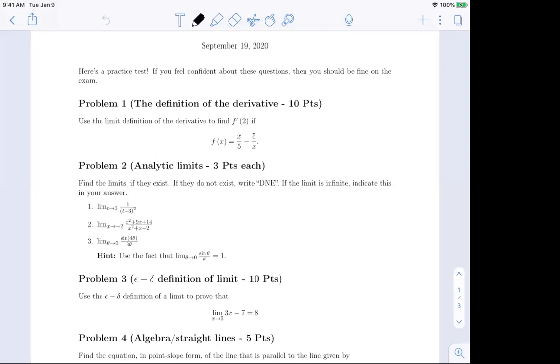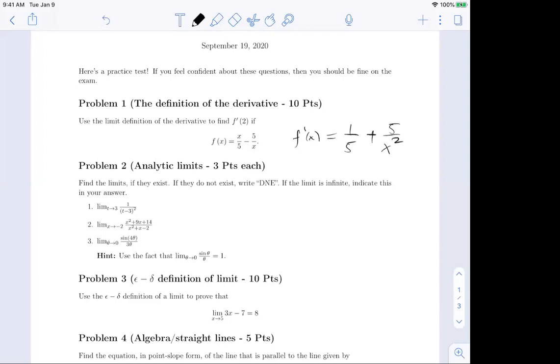It is perfectly fine to use the power rule to check your answer, to make sure when you do take the limit, you get what you should. That would be fine with me. But if you just write down that f prime of x is 1/5 minus, or really plus 5 over x squared, and then plug in 2, you're going to get 0 points on this problem. Okay?